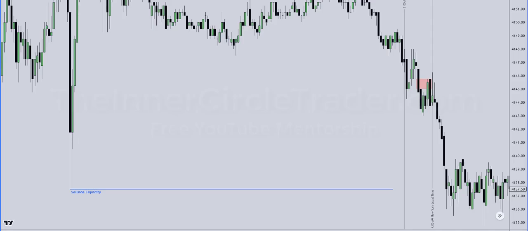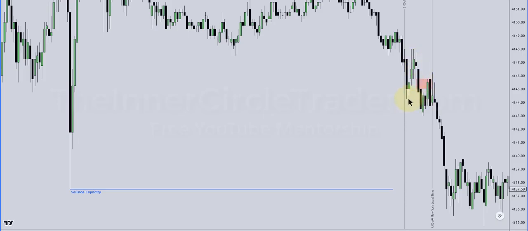It's not necessarily the bias. You just predominantly have to consider where the next draw on liquidity is. Is it going to go above the marketplace for buy stops or trade into inefficiency above current price action if you're bullish? In this case, the market was bearish. It was looking to go lower, and there was an obvious sell side liquidity pool resting below that old swing low. And between 3 o'clock and 4, the market created a fair value gap.